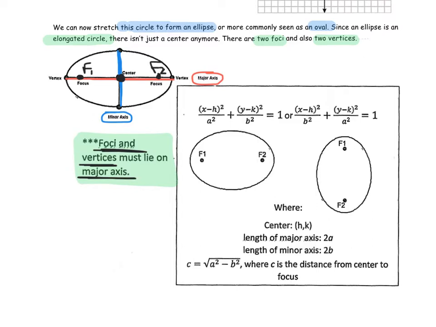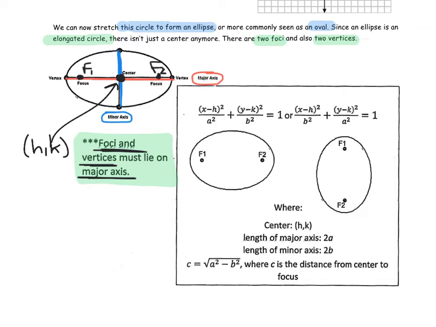So the foci and the vertices are along the major axis. All right, I have those labeled. Again, we still indicate our center with the point (h, k), where there's your x value for the center and the y value for the center.